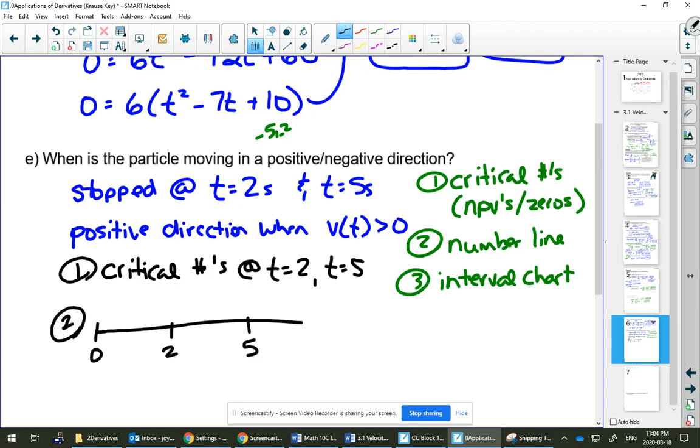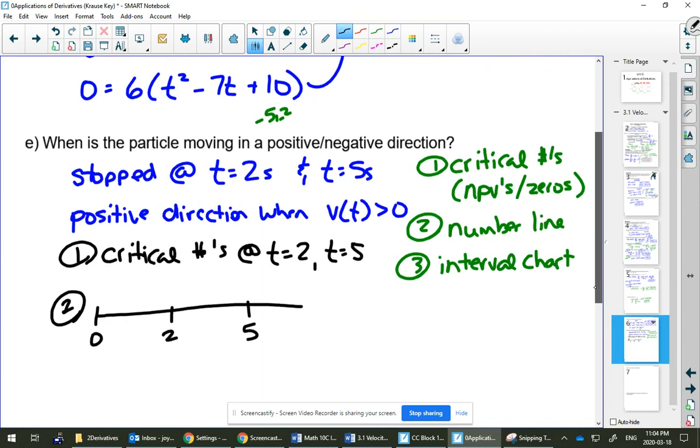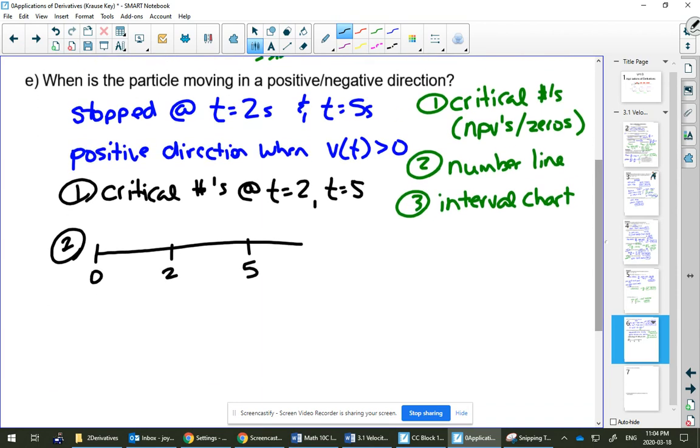Those are our critical numbers, and we're going to look at what's happening to the particle during those points. If we go from 0 to 2 seconds, we can sub in any value that's between 0 and 2. So for example, 6 times 1 squared minus 42 times 1 plus 60. We can sub that in and we'll find out that this is moving in a positive direction.